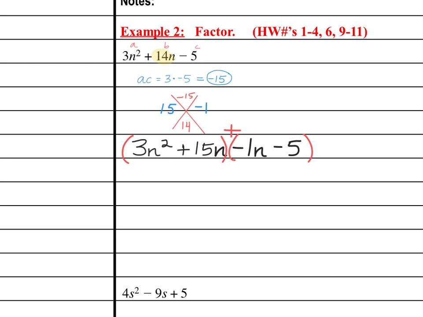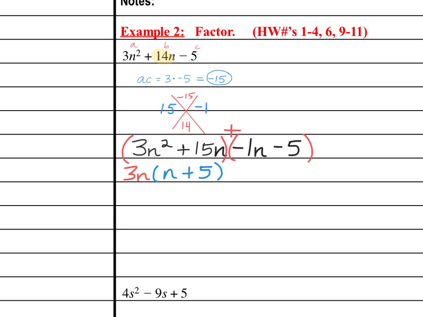What's the GCF of the first one? No. 3n. They both divide by 3, you're close. 3n, which if you take out 3n, then you have n plus 5. Okay, plus sign in between. We need this to match, right?